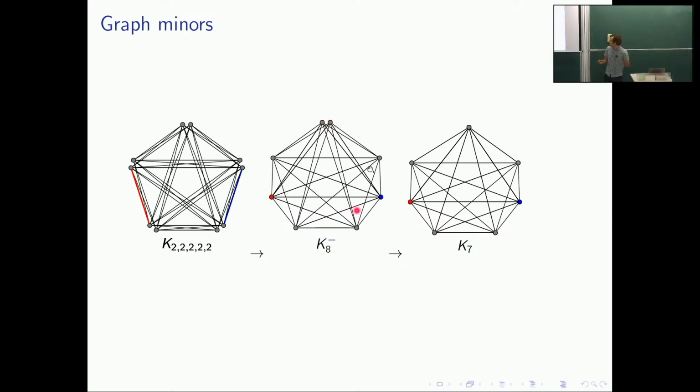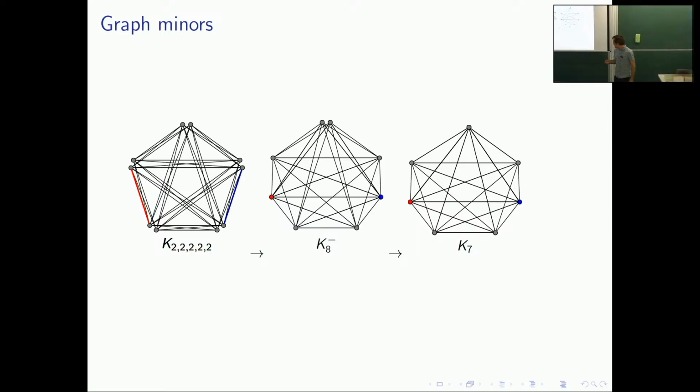And then by deleting one vertex, we can obtain K7. This is kind of an interesting case. This graph contains K7 as a minor, but it doesn't contain K8 as a minor. And it's actually the unique densest graph on 10 vertices which does not contain K8 as a minor.